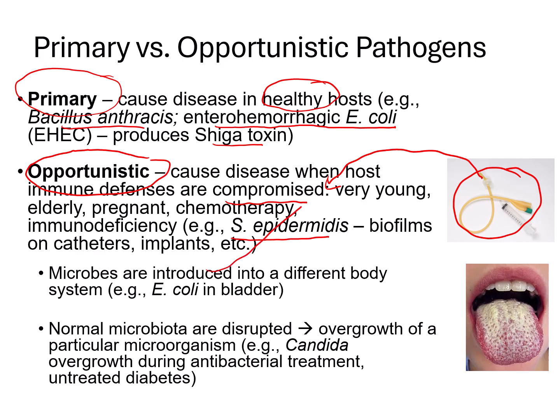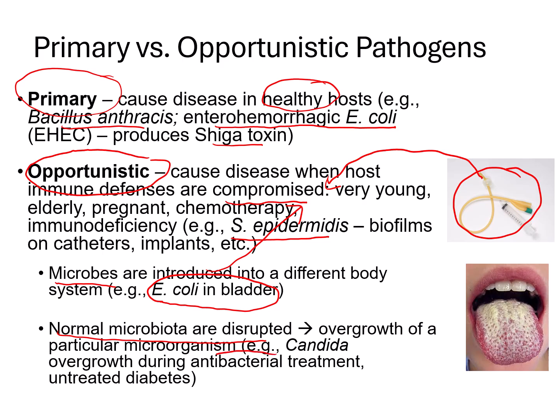Similarly, microbes can also cause issues when they're introduced to the wrong body system. For instance, E. coli is normally found in the GI tract and helps us break down certain nutrients and provide certain vitamins. But if it enters the urinary tract or the bladder, it can cause infection as well as disease. Opportunistic infections can also occur when we have disruptions to our normal microbiota.